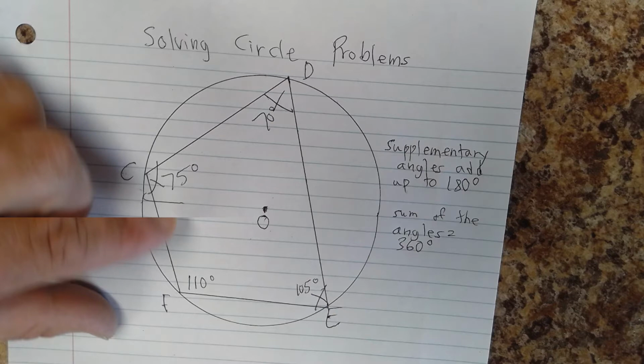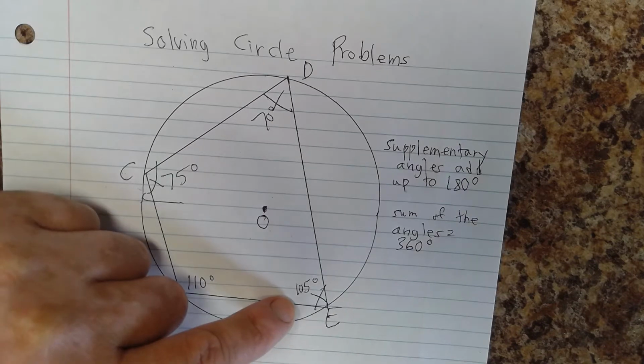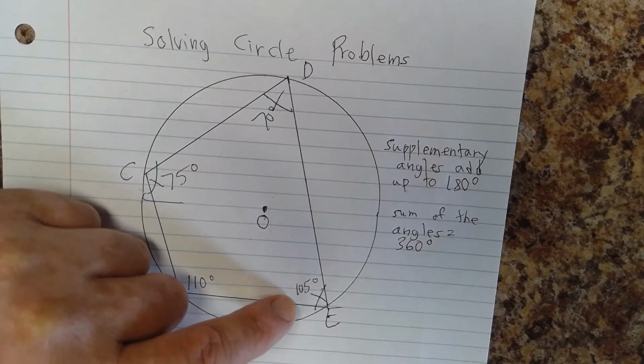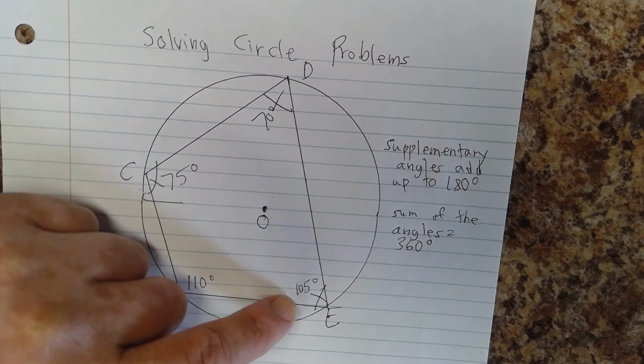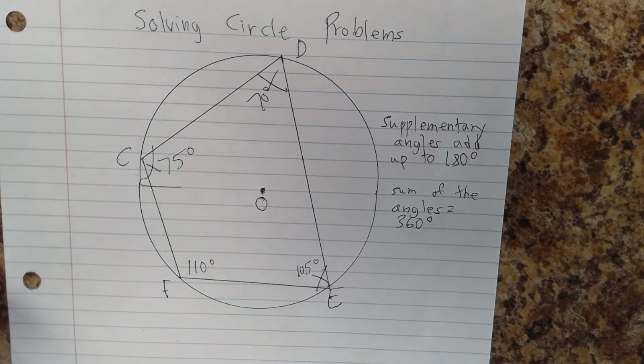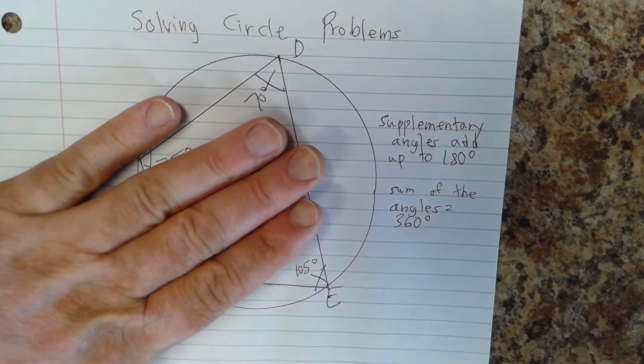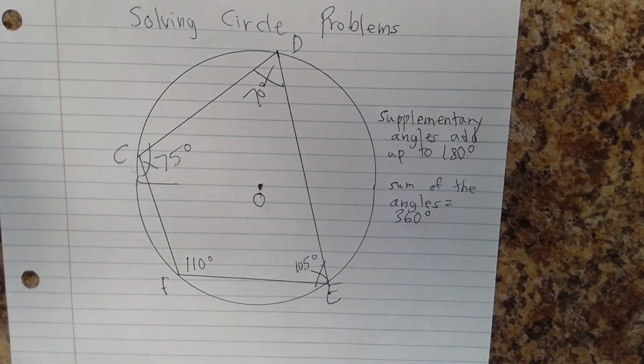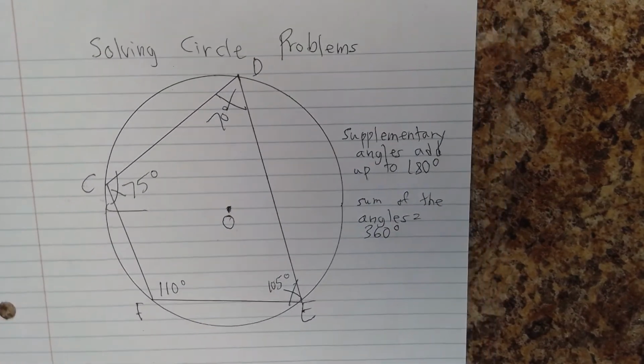Then we have 135, add 10 is 145, and then 105. I miscounted. I'll use a calculator just to make sure I get it right. And it adds up indeed to 360. Got a little shaky with my mental math there, didn't I?